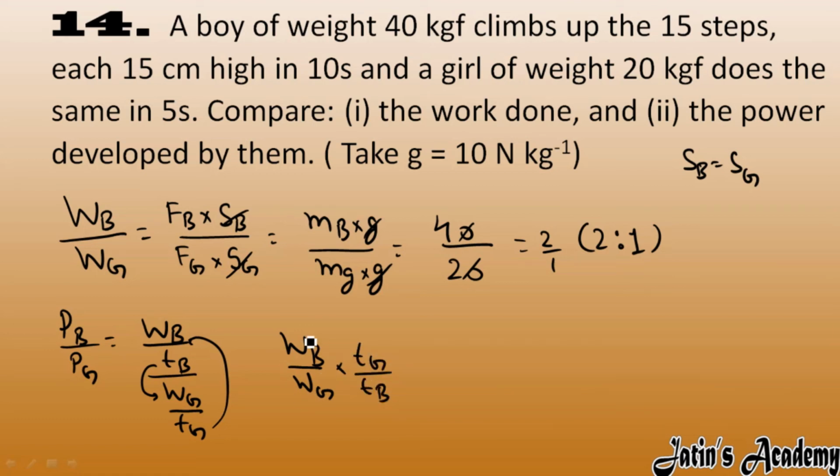This work done ratio we have already calculated as 2:1. Time taken by girl is 5 seconds and time taken by boy is 10 seconds. 5 over 10, 2 and 2 cancel out, 1 by 1, so 1:1. So the power ratio is 1:1 and the work done ratio is 2:1. Clear?